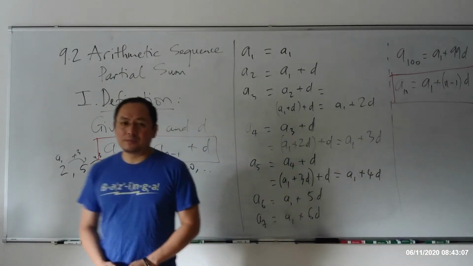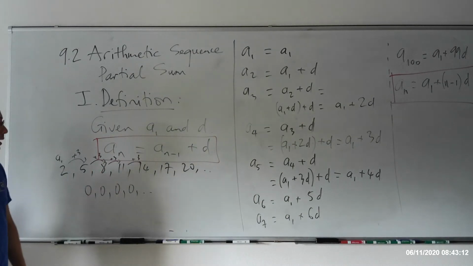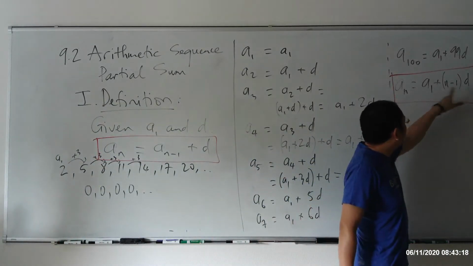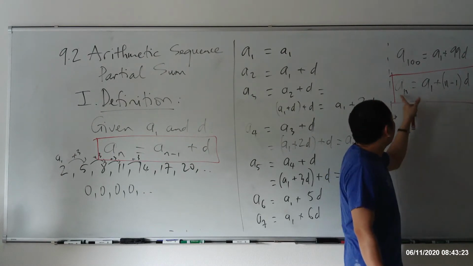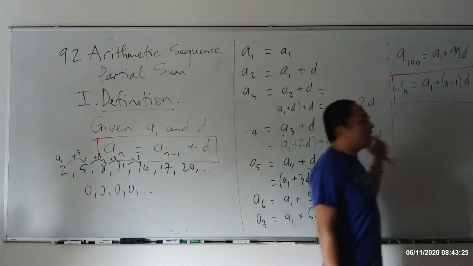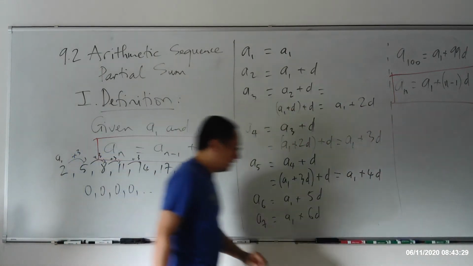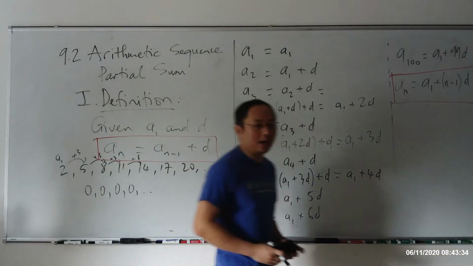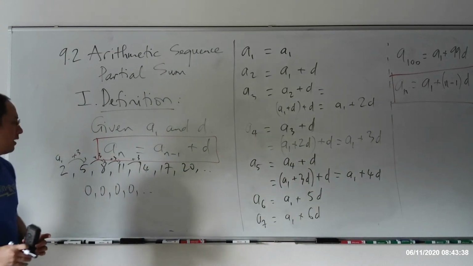Other than that, all the arithmetic sequences will give you a divergent series, because if you have d different than 0, or a1 different than 0, then you have a non-zero term for n, and when you add all the terms together, you're going to get a sum that's getting bigger and bigger, or getting smaller and smaller. So the sum will always go to either positive or negative infinity.